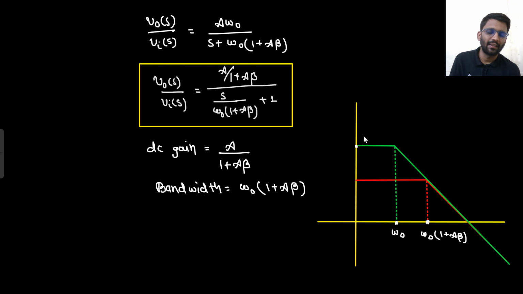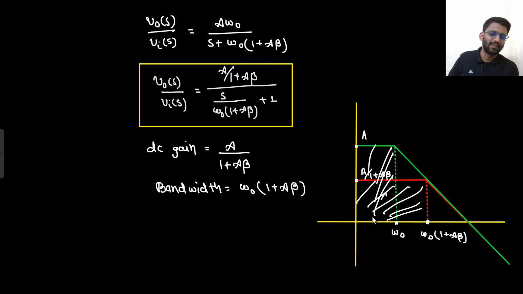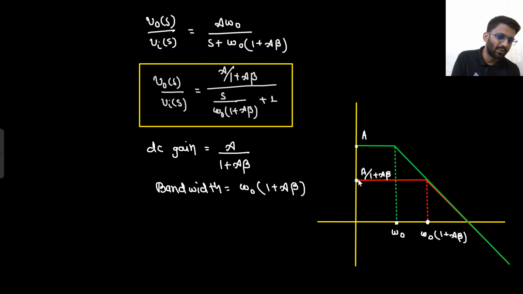Previously what was the gain? That was A. And now what is the gain? Gain is A upon 1 plus A beta. But tell me one thing, this area and this area is remaining the same. What do I mean? Gain into bandwidth. What is gain into bandwidth?